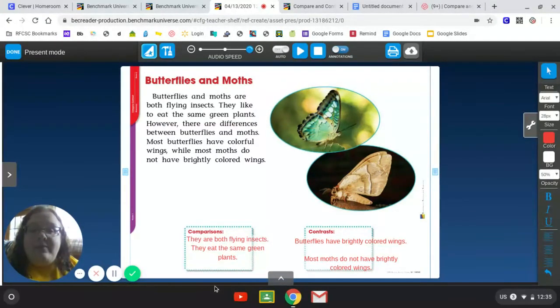All right, comparing, we have that, and they eat the same green plants. Contrasting, the butterflies, they have brightly colored wings, and most moths do not have brightly colored wings. So when we contrast, we are looking at differences. So I want you to think about this.